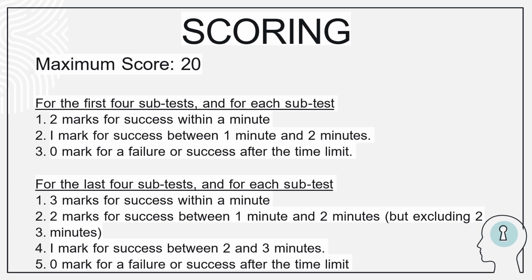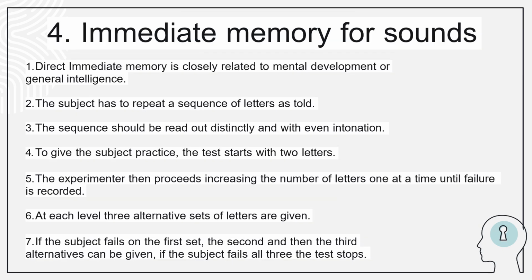For the first four, 2 marks for success within a minute, 1 mark for success between 1 minute and 2 minutes, and 0 marks for a failure or success after the time limit. For the last four, it is 3 marks for success within a minute, 2 marks for 1 to 2 minutes, and 1 mark for success between 2 to 3 minutes, and 0 marks for failure after the time limit. So the marking scheme has been pretty consistent throughout.